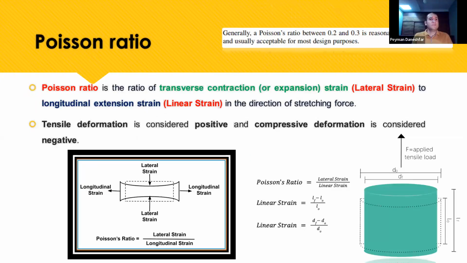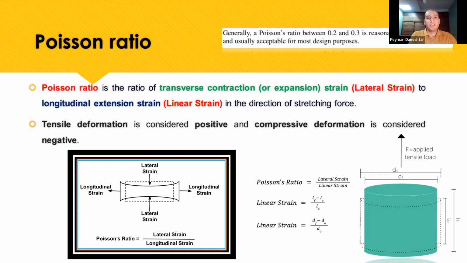Another one: what is the Poisson ratio? Poisson ratio is the ratio of transverse contraction or expansion strain, or lateral strain, to longitudinal extension strain, or linear strain, in the direction of a stretching force.